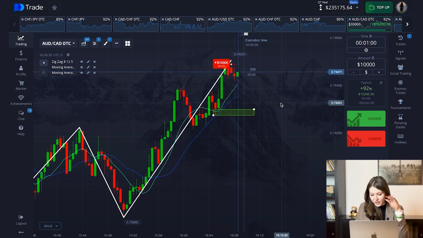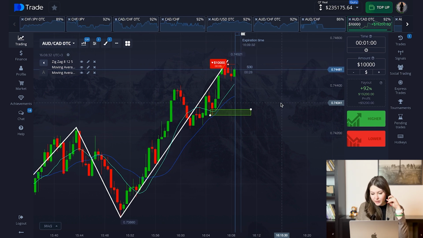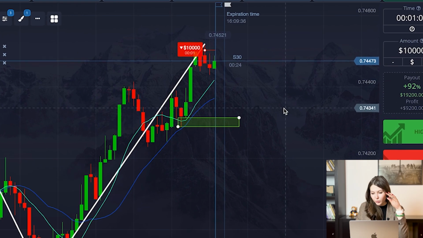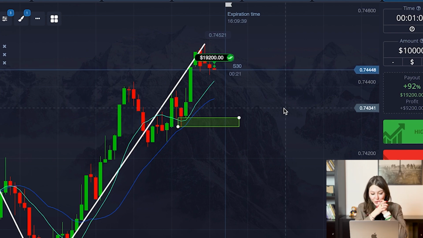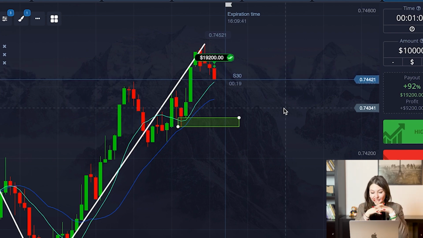We are waiting just a few seconds, and the graphics is still unstable, but in just 1 minute we're having the profit of $9,000 from one trade. I think that is just wonderful. I don't know how to explain it in another language because it's just amazing and breathtaking today. So we already have a lot of profit.